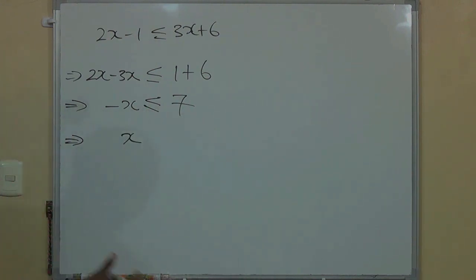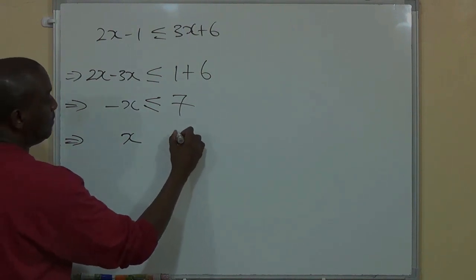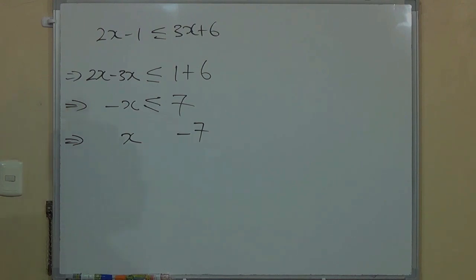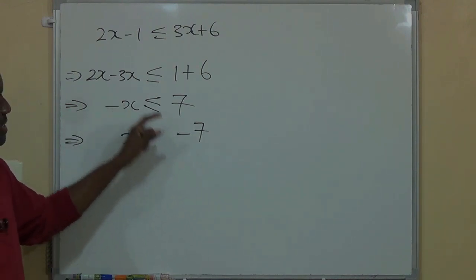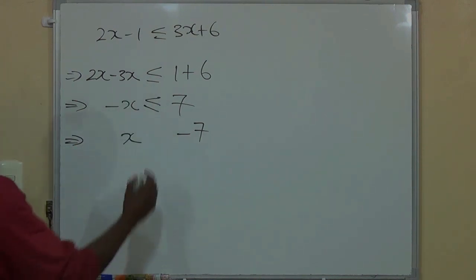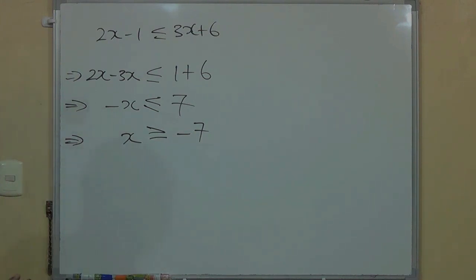You multiply the left side by minus 1 and get plus x. You multiply this side by minus 1 and you get minus 7. Now, if we multiply by minus 1, it means that we have to change the inequality here, so that the answer will end up being x greater than or equal to minus 7.